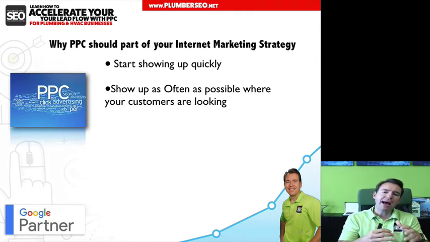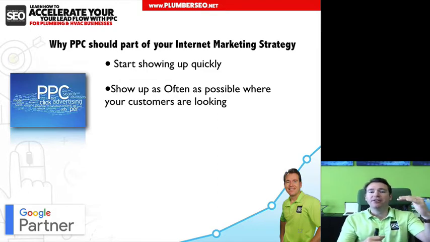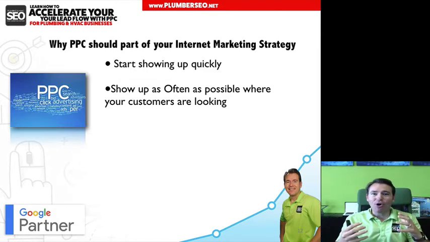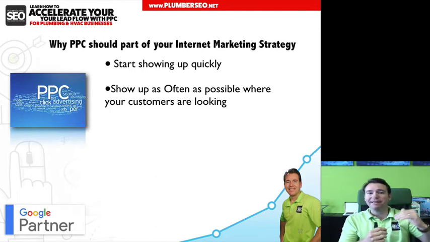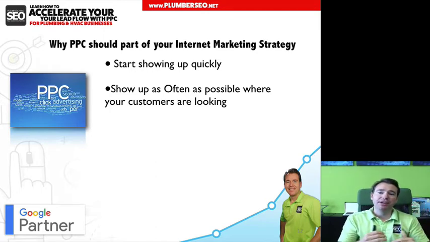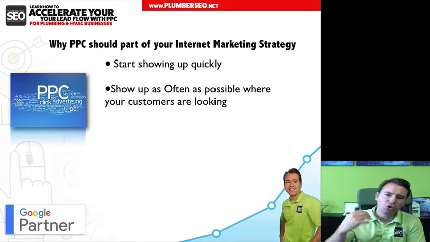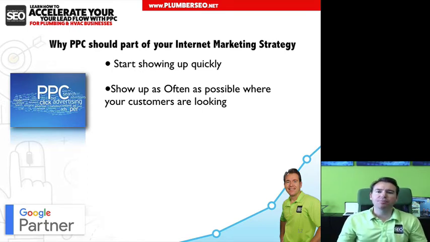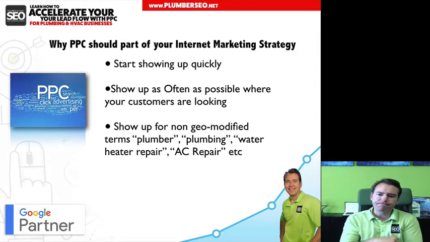But if all you have is an SEO strategy, you have the opportunity to show up on maps, you have the opportunity to show up in your organic listings, but if you're not running paid, you're not showing up in that area. So you want to be hitting it from all angles. Ideally, show up in the paid listings, show up in organic, show up in maps, and potentially show up on one of the major directory sites as well. So you can dominate the search engine results page where your customers are looking.